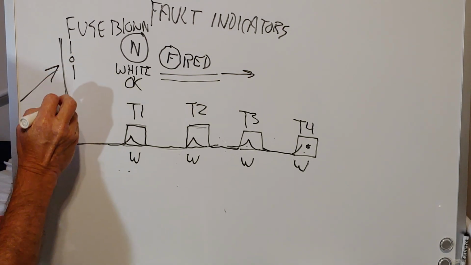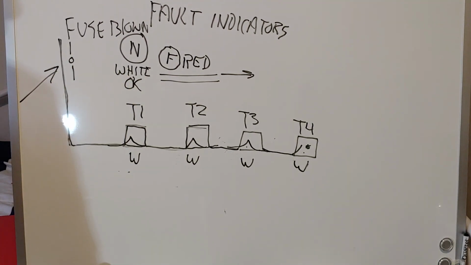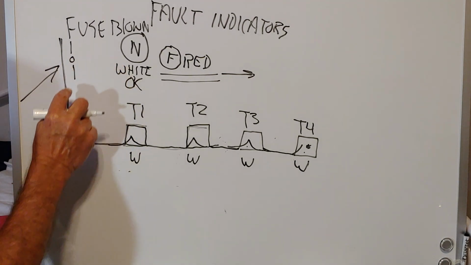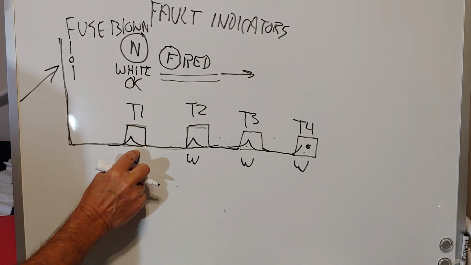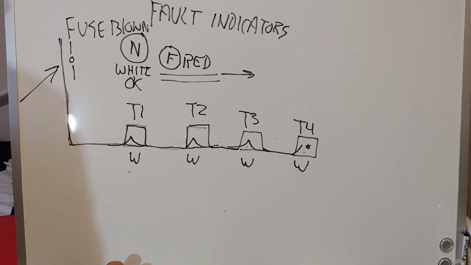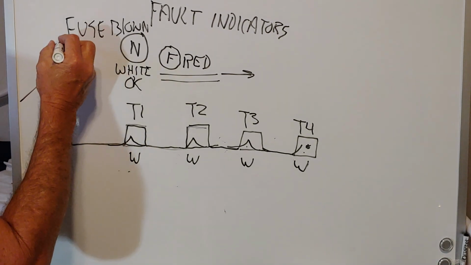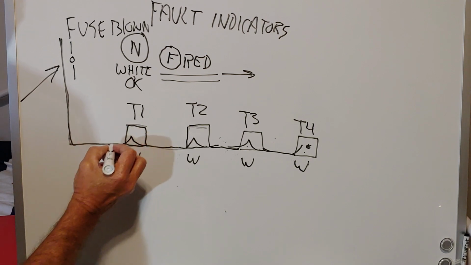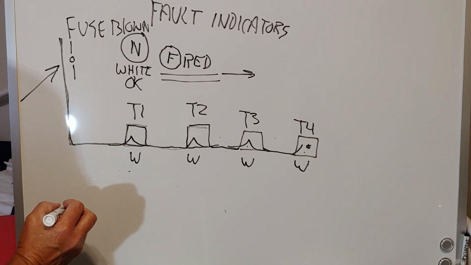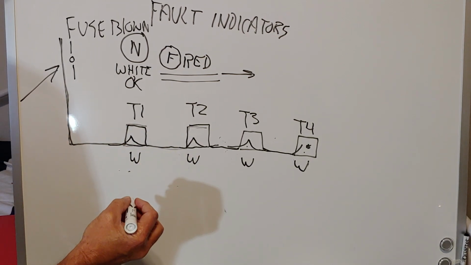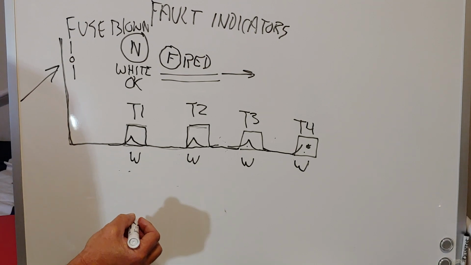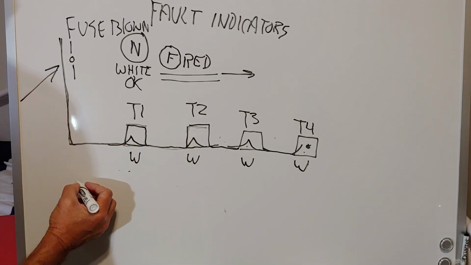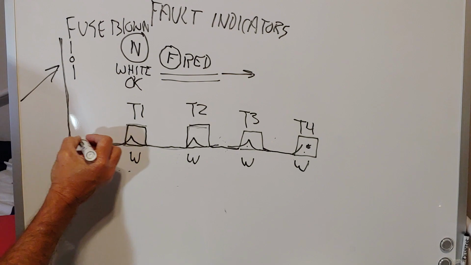Bingo. The fuse is a fault indicator on its own. It's not going to show you red or white, but if the fuse is blown and this one is still white, the first transformer in the line, then your fault is somewhere in your dip or in the first span of the transformer. Okay, gentlemen, replay this video. There'll be some questions on it, but that is a short and easy explanation of how fault indicators work.